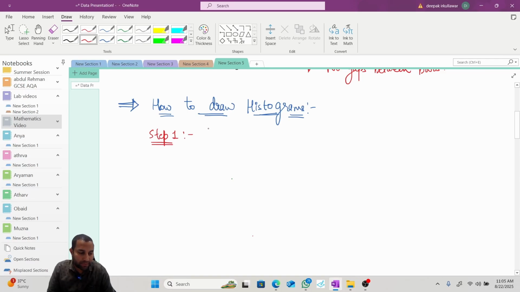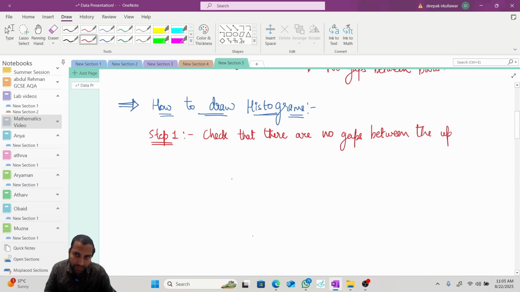Step 1 says: check that there are no gaps between the upper boundary of a class and the lower boundary of the next class.